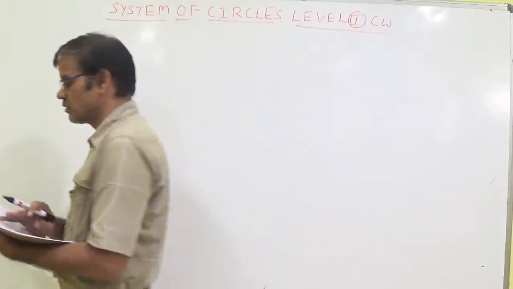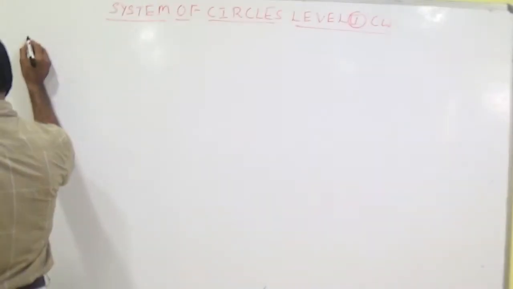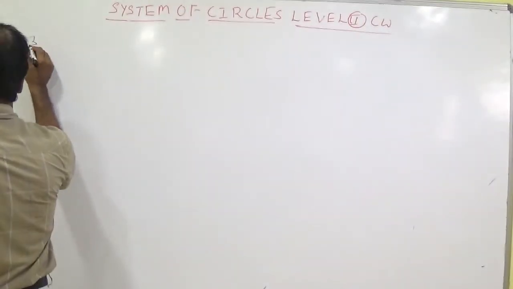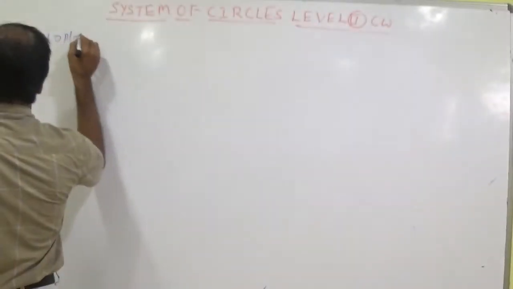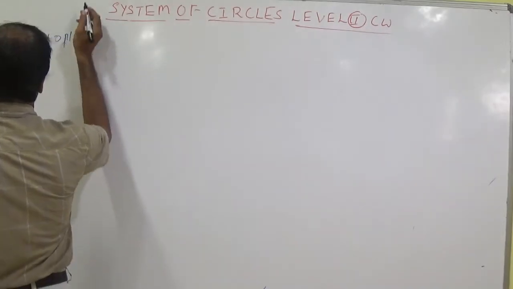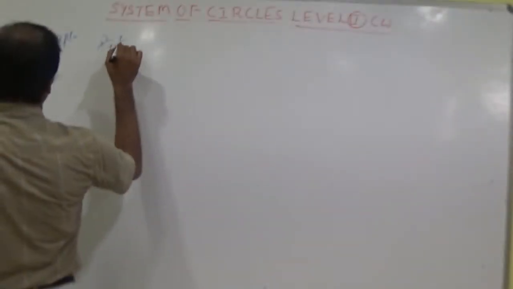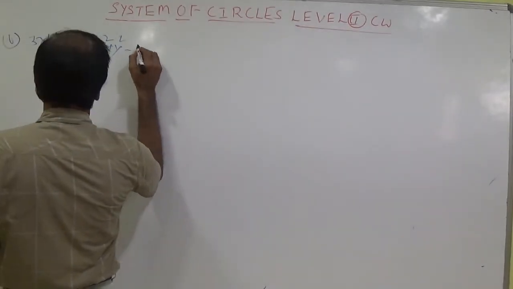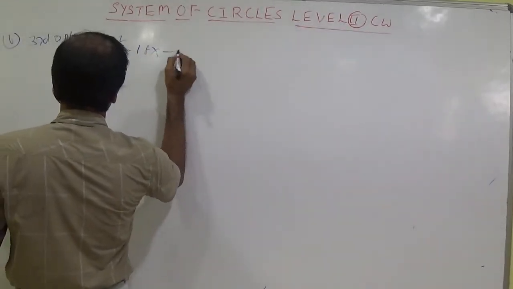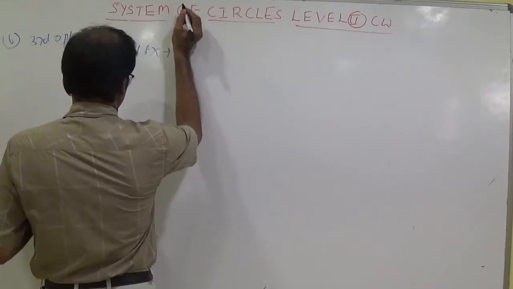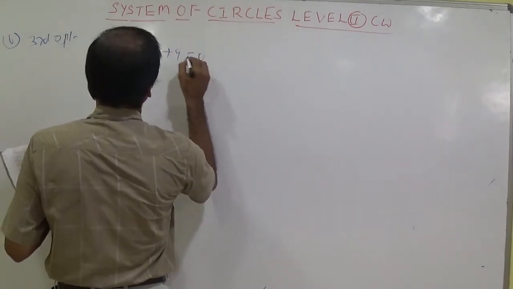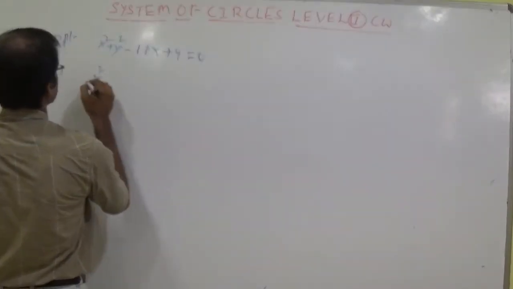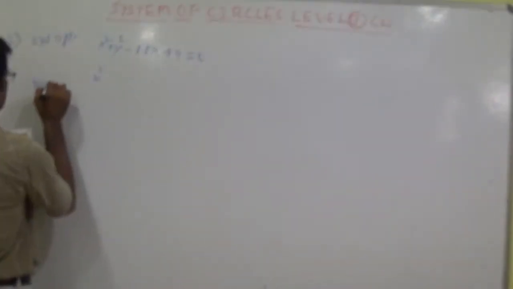Maybe the third option. Sixth question, let us verify the third option. x² + y² minus 18x plus 9. This is the given circle.